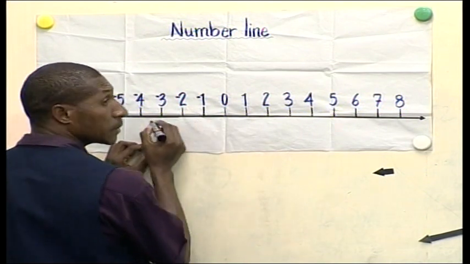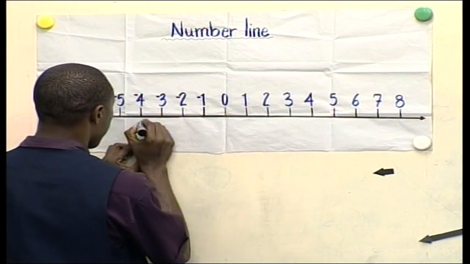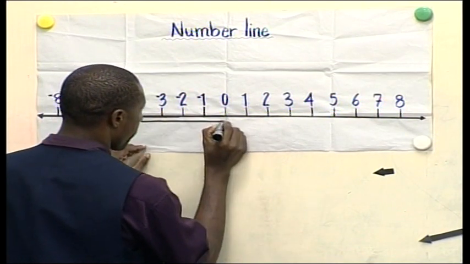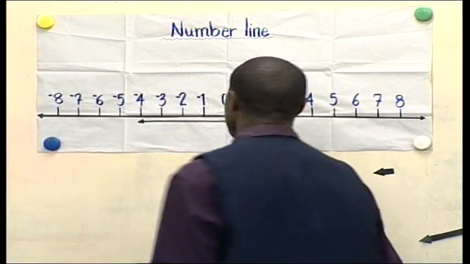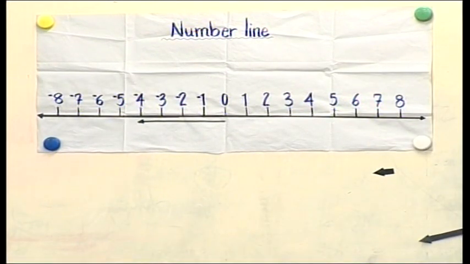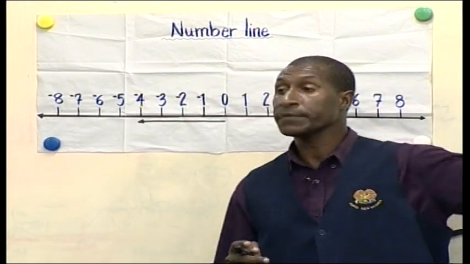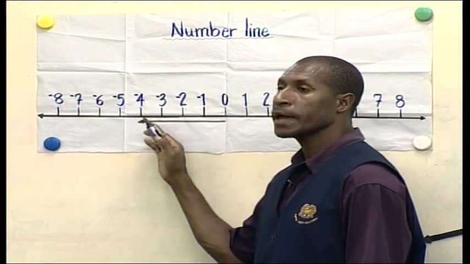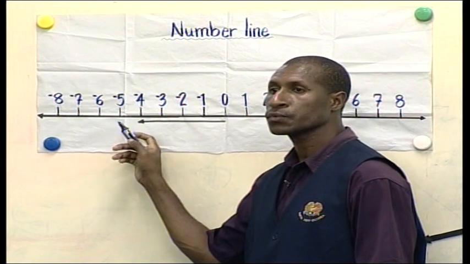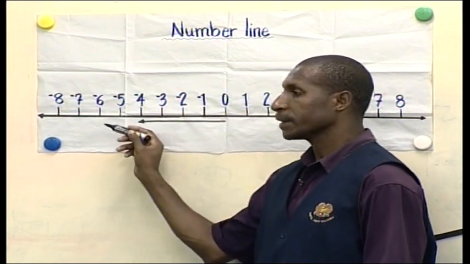So we start from 0 and go towards the left, and then plus what? Plus -3. Our second integer is -3. We start from -4 and move how many places? 3 places towards the left direction.